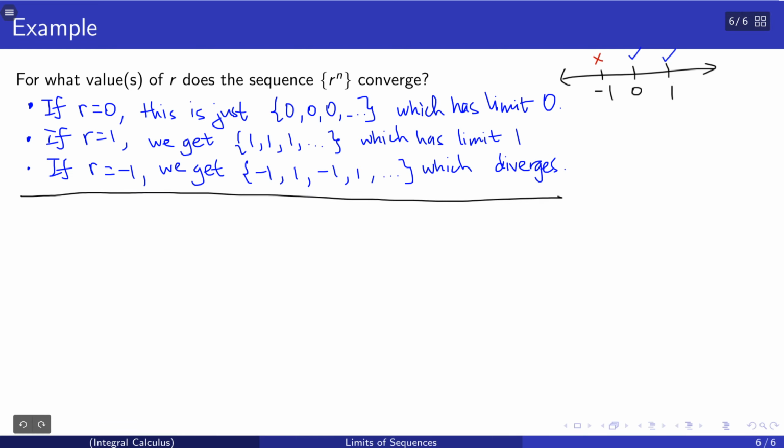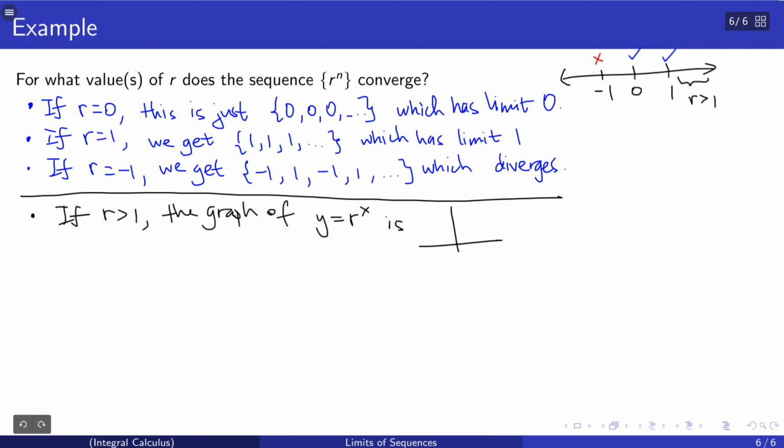If r is positive and larger than 1, so somewhere here to the right of 1, what do you think is going to happen? Well, the graph of y equals r to the x looks like this.